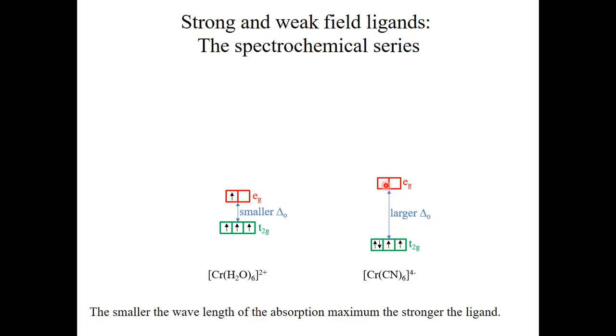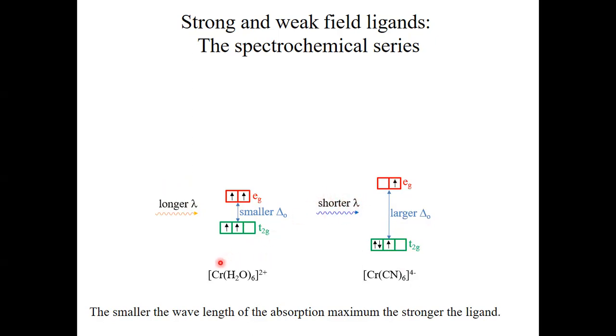So therefore, we would require electromagnetic radiation with shorter wavelengths. Okay, so overall, this electron transition here requires only longer wavelengths, and this transition here requires shorter wavelengths.